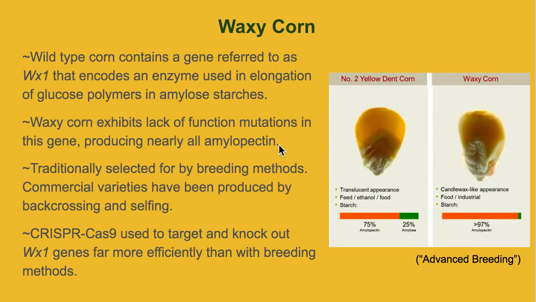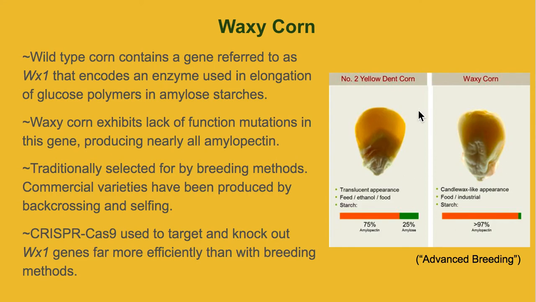So here in this slide we see the example of waxy corn, and this is a genetic modification that's commonly selected for, particularly in a food and industrial setting, since that waxy corn produces almost 100% amylopectin, which is a better starch for food thickeners as well as in an industrial setting, such as in the production of paper or adhesives.